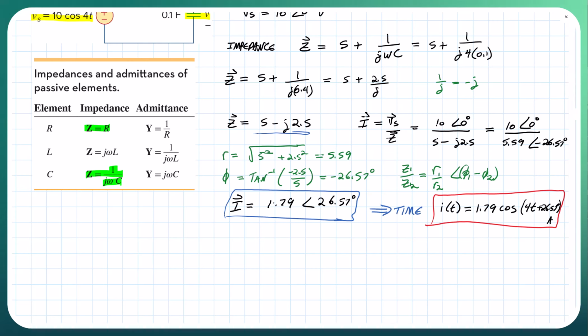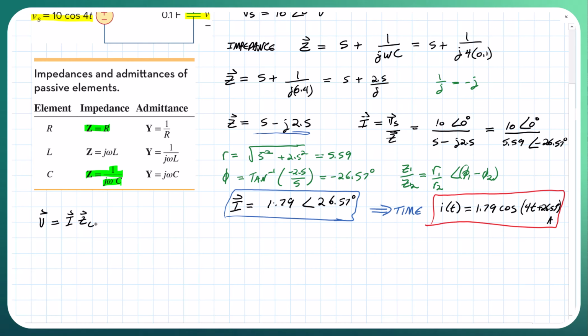The second part now is to solve for our voltage. By definition, V equals IR, or in this case we're in phasor format, so I times Z, and specifically Z of the capacitor.